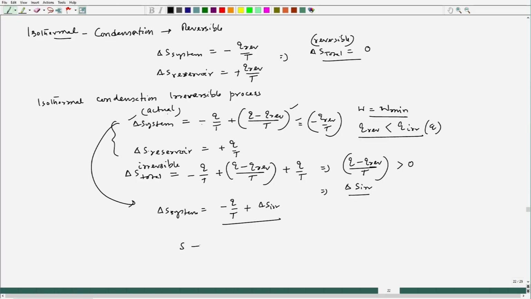So, this S is always considered to be associated with the reversible heat change. I can write it as del S equal to del Q reversible divided by T. So, this is one of the concepts that is coming up after we had those discussions.